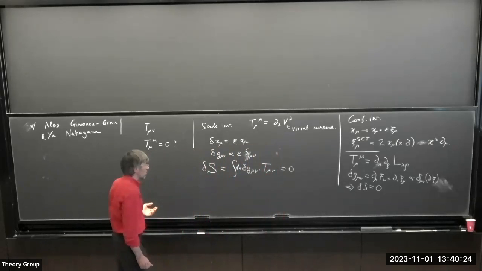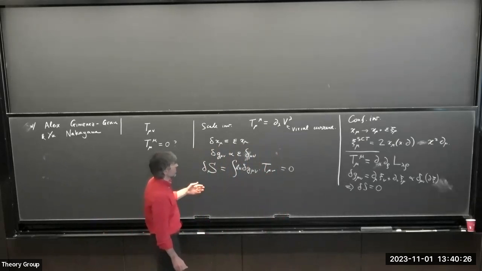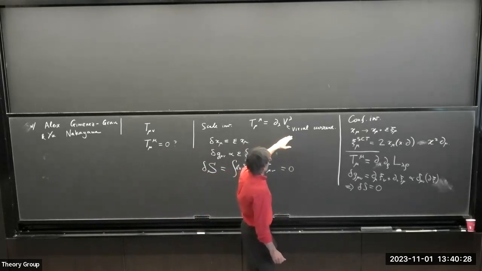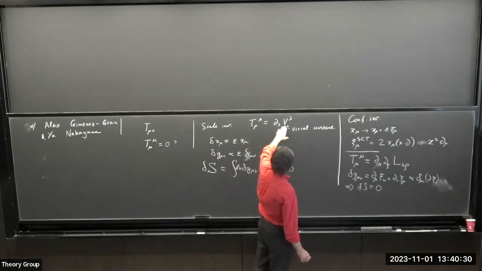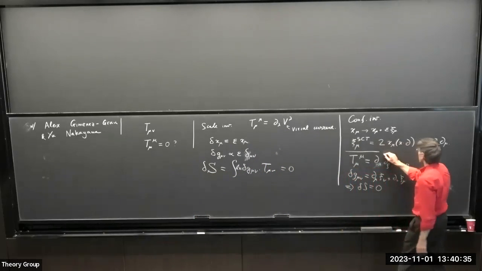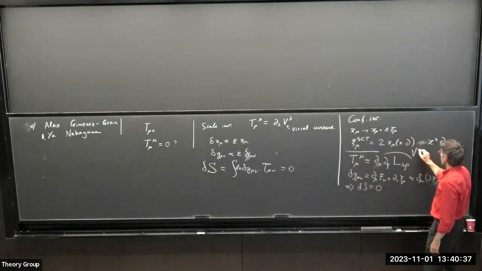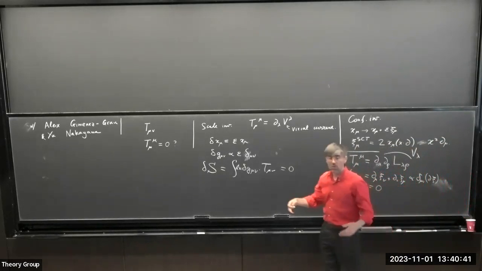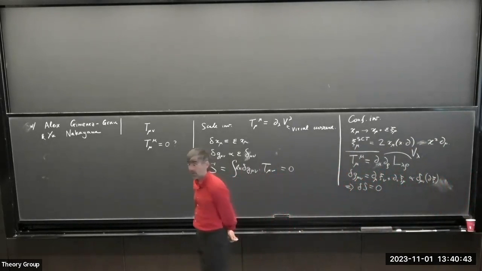So now you can see what is the difference between scale invariance, which says that you have this virial current, and conformal invariance, which requires that the virial current itself is a divergence. So if you can write the virial current itself as a divergence, then in addition to scale invariance, you're going to have conformal invariance.